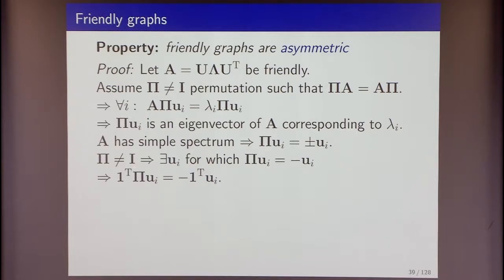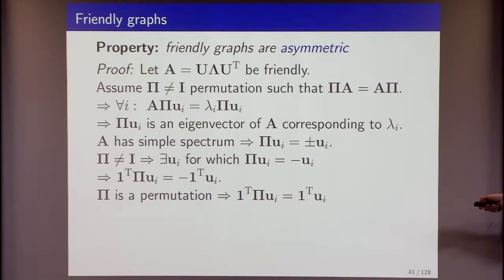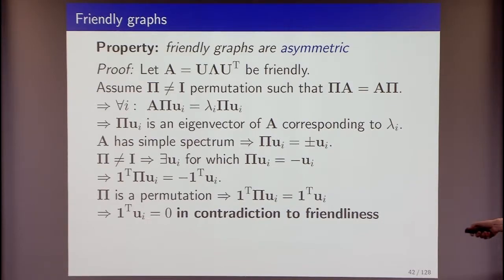And because of that, 1 times pi u_i will be equal to minus 1 times the inner product with u_i. But pi is also a permutation, so of course it has unit sum of the columns. So from these two results, I'm getting that the inner product of u_i with the vector of 1s equals 0, which of course contradicts the assumption that this graph was friendly.